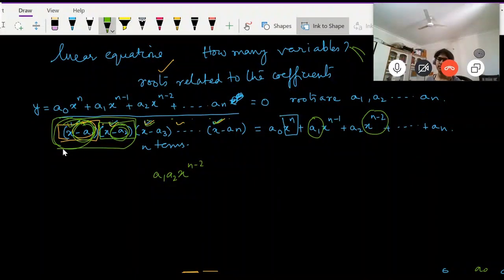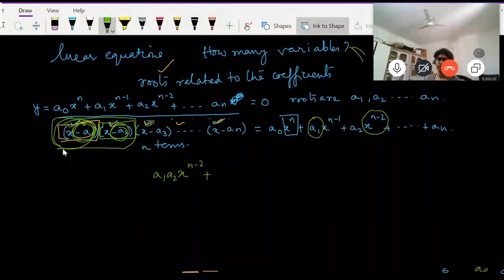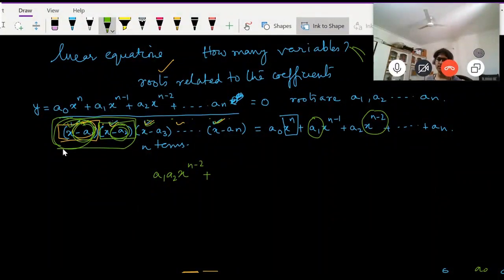Similarly, I can do with 1 and 3, so a1, a3, x to the power n minus 2, a1, a4, x to the power n minus 2, right? Like this. And then a2, a3.